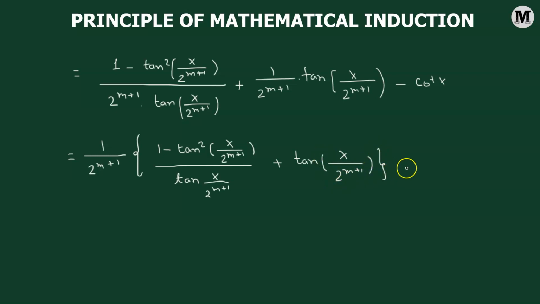Fine. And we have the remaining term, which is negative cotangent of x.